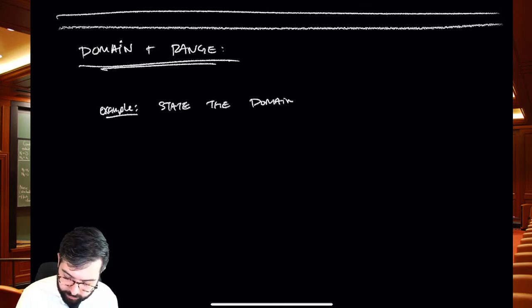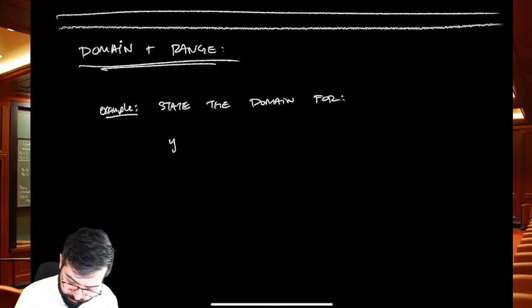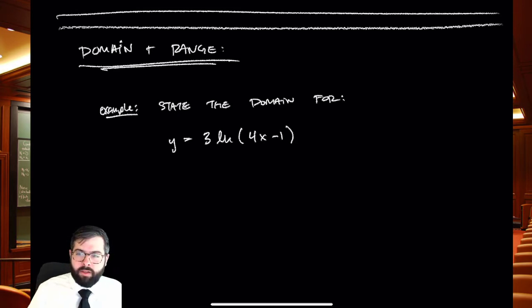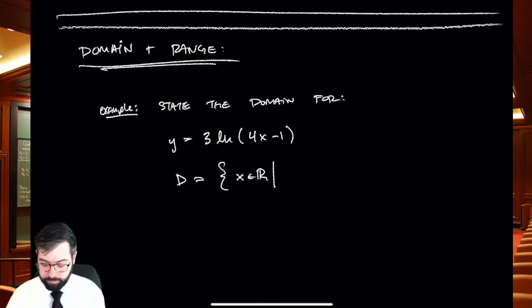State the domain for, well, let's start with, how about this? Single variable function, what would the domain of this function be? Set of all real numbers x such that, what's the restriction on this thing?